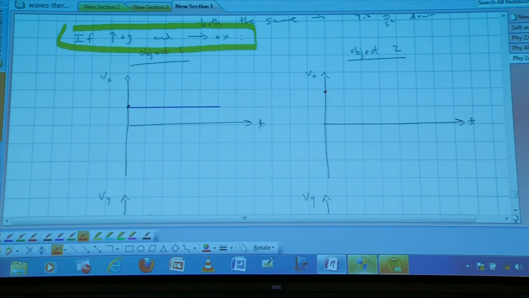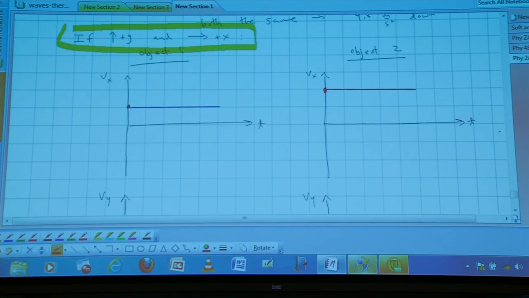It starts out more, right? Horizontal line. Is that right? Object 2 has a bigger horizontal velocity than 1 does. Both in the positive direction, both constant. There's no acceleration in that direction.